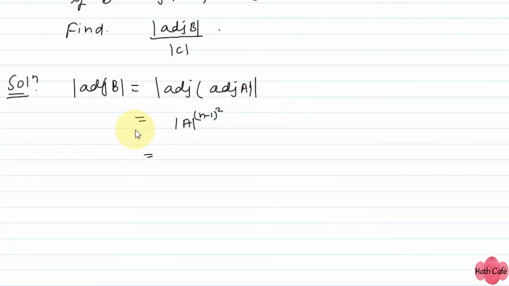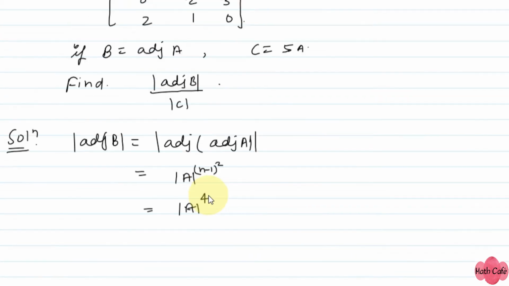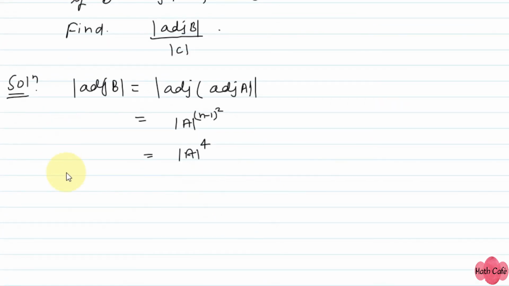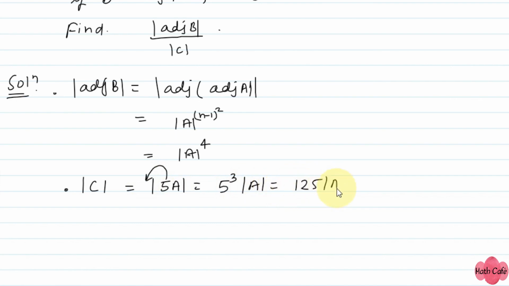So if I put n as 3, this will become 3 minus 1, 2, 2 squared, 4. So this is the exponent for adjoint of B. Now we find the determinant of C, which is determinant value of 5A. Taking 5 outside of the determinant, this will become 5 raised to n, where n is 3, the order of matrix A, times determinant value of A. That is nothing but 125 determinant value of A.